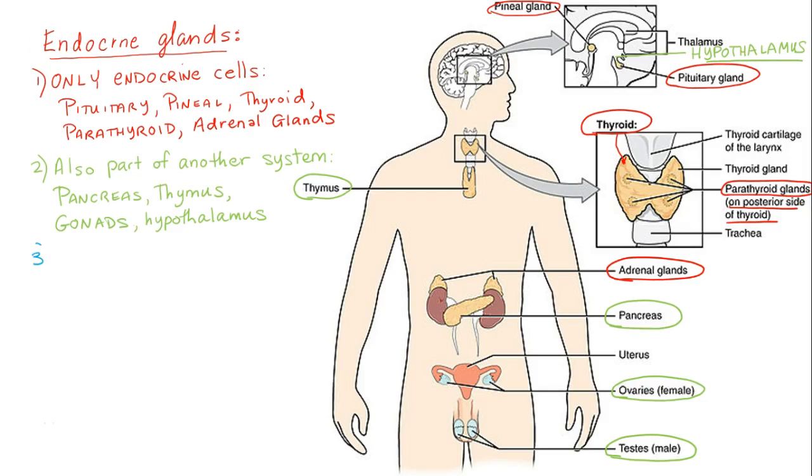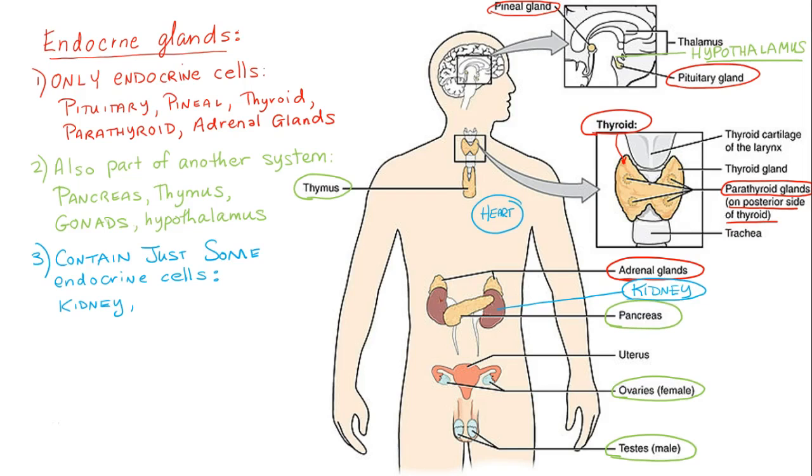Then there's a third class of endocrine glands, which are really just clusters of cells inside organs whose primary function is to do other things, like the kidney, for example, whose primary function is filtering the blood, or the heart, whose primary function is to pump blood, but it also secretes a hormone called natriuretic peptide.